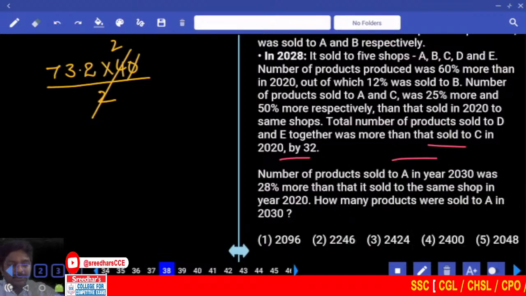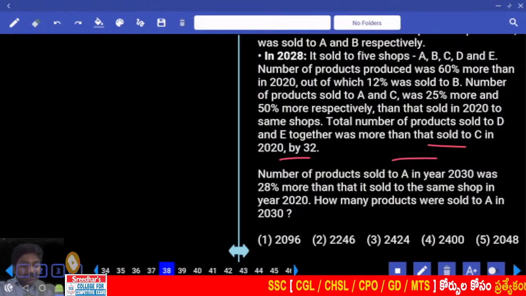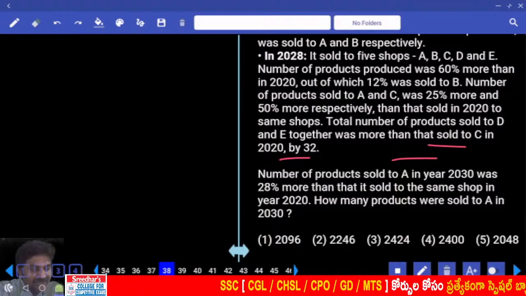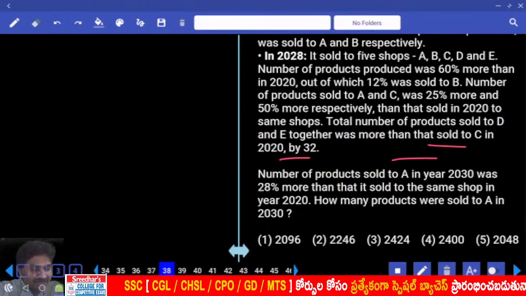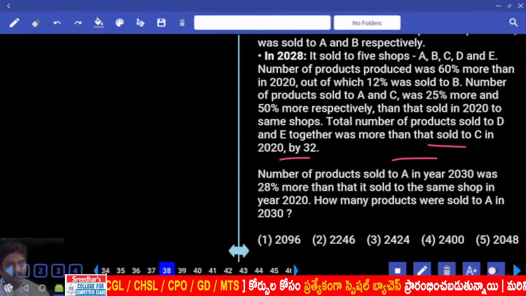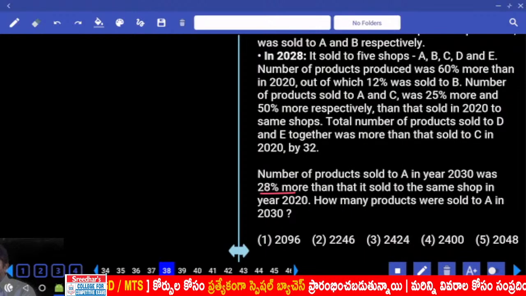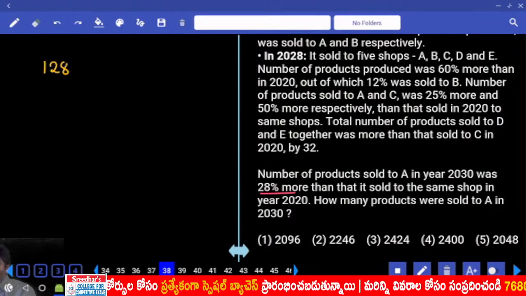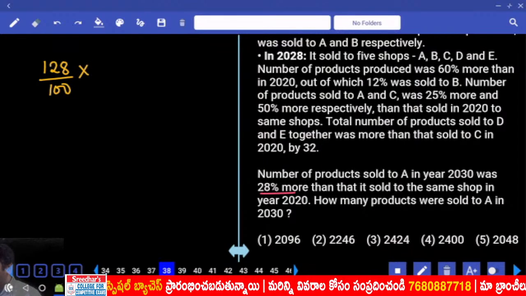Number of products sold to A in the year 2030 was 28% more than that sold to the same shop in 2020. How many products were sold to A in 2030? What percentage more they said? If it is 28% more, it will be 128% of the original number.